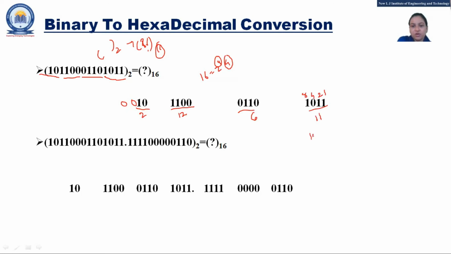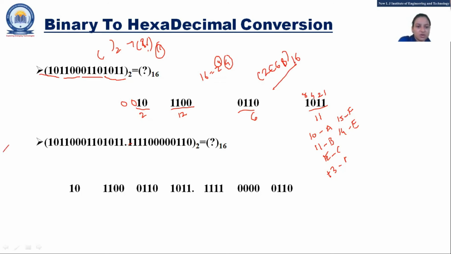And as we all know, 10 is A, 11 is B, 12 is C, 13 is D, 14 is E, and 15 is F. So we start from the left: 2, and 12 that is C, 6, and 11 that is B. So this is the hexadecimal equivalent of any binary number that is given.